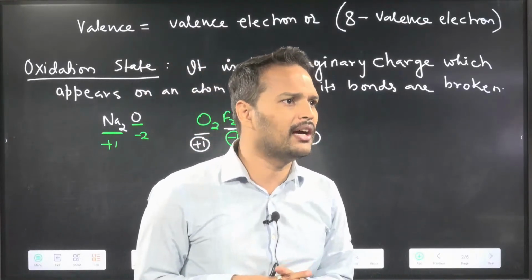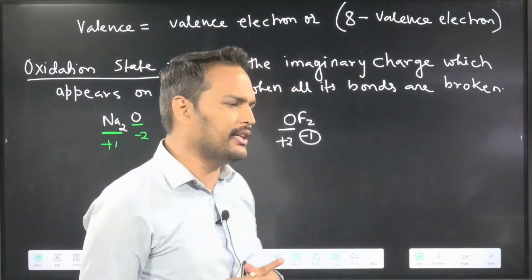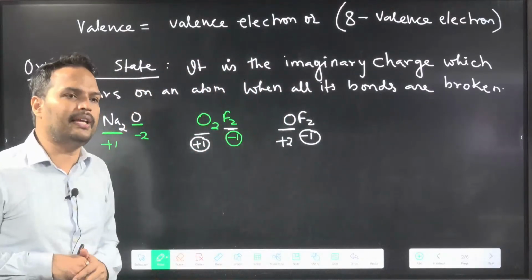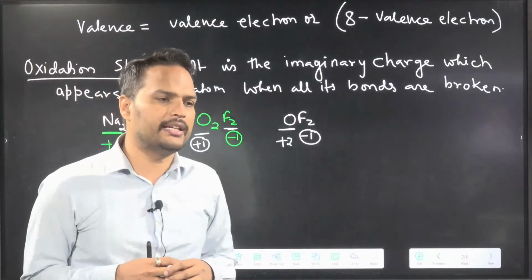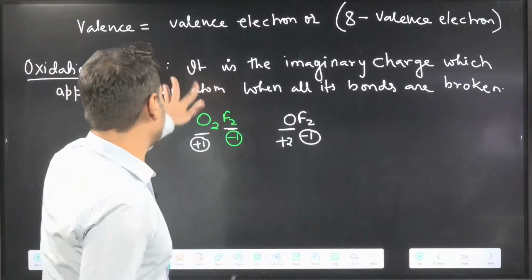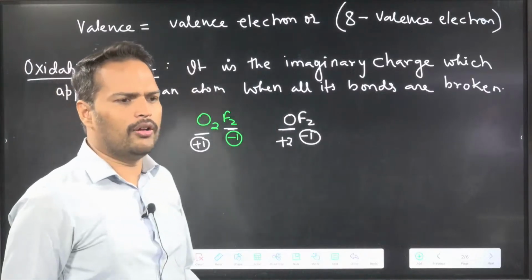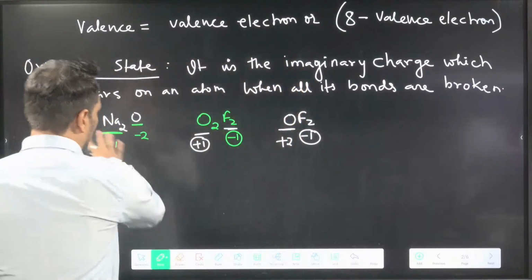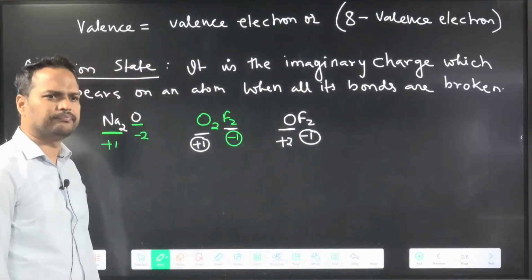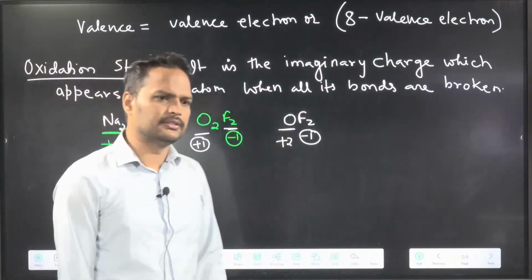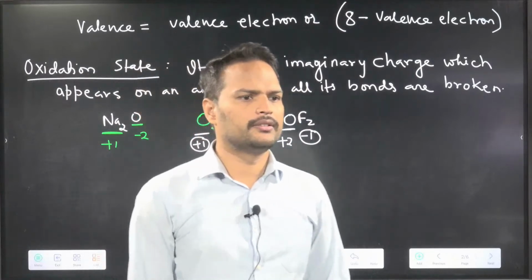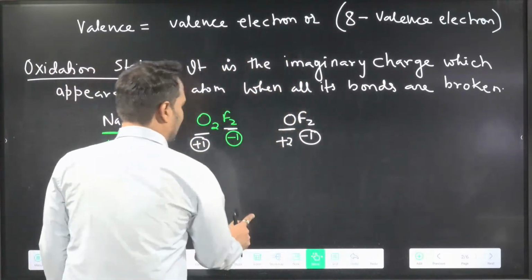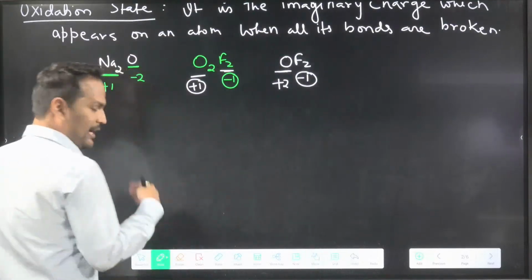In the combined state, whom you are combining with will decide the oxidation state. So all these things are basic only. How many of you already knew these things? These are the basic things. More detail we will see later on. Okay, now come directly. We are touching all the points.